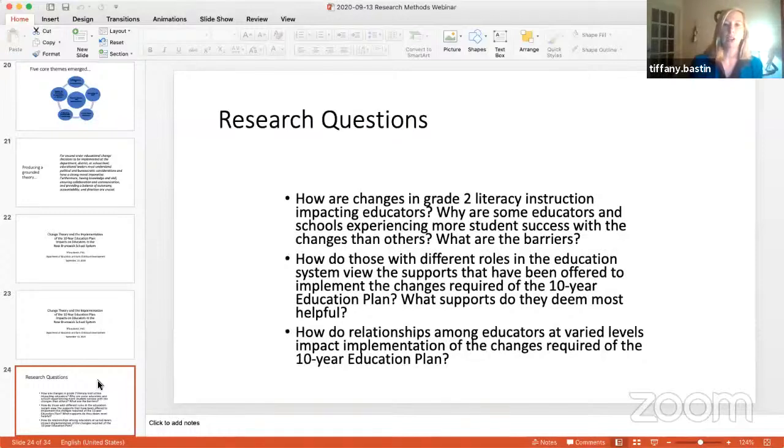And what are the barriers? And how do those with different roles in the education system, what supports do they deem the most helpful during this particular change? And also, how do relationships among educators at varied levels impact implementation of the changes required of the 10-year education plan?